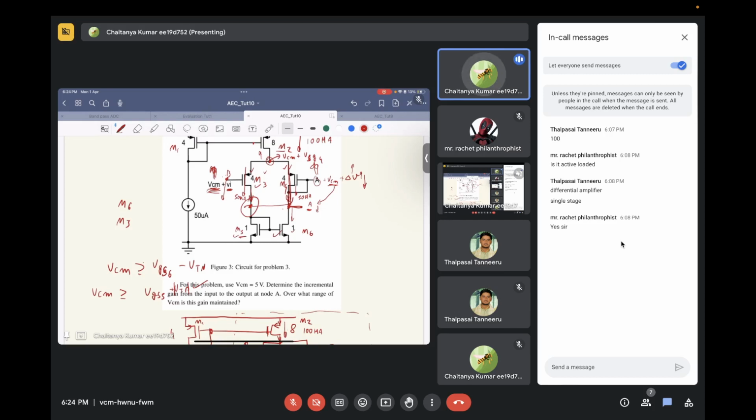So this larger quantity will ensure the lower limit of VCM. Basically, as VCM keeps on reducing, before M6 goes out of saturation, M3 will go out of saturation. Is it clear? Yes, sir. Okay, any other doubt? No, sir. Okay, anyone else has any doubt?